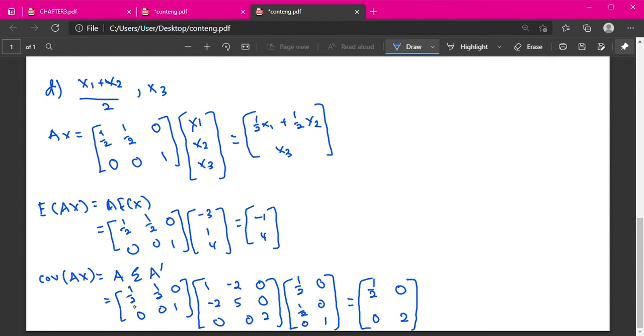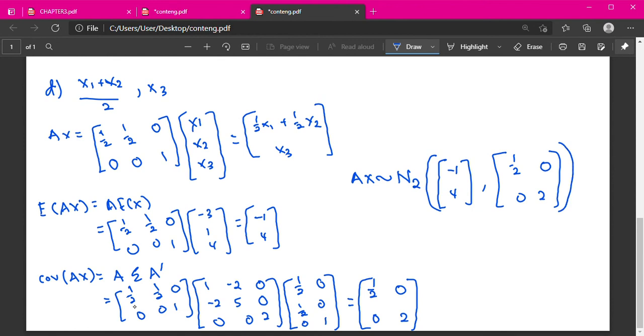Okay, so daripada sini actually you boleh tahu the distribution untuk these two linear combination AX, which is it is normal distribution with 2 degree of freedom here, sebab kita ada dua linear combination, remember, and Q. Okay, dan kita letakkan dia punya mean untuk these two linear combination, which is negative 1 and 4, dan covariance matrix 1 over 2, 0, 0 and 2. Okay, ini cara you nak tahu macam mana distribution for the linear combination.